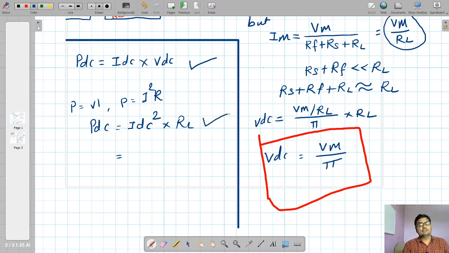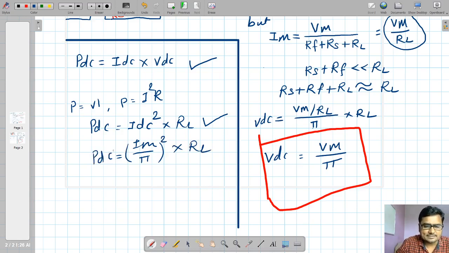Is it? Even if you represent it in terms of voltage, then also it is okay. It depends on which data is given when you are solving a problem related to the half wave rectifier. Depending on that, you use the equation for the power. So if I am writing IDC square multiplied by RL, then the IDC value is known, that is Im divided by pi. So make the square of it, multiply it with load resistance RL, and that's your PDC.